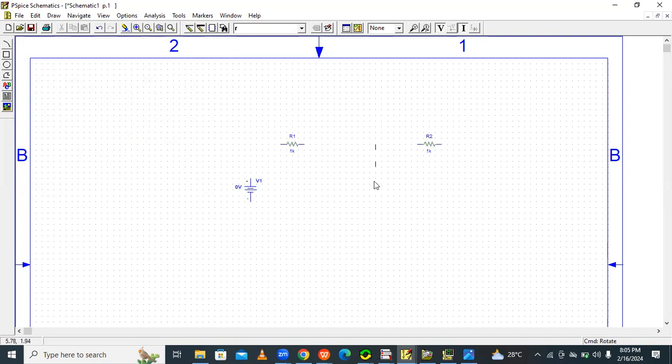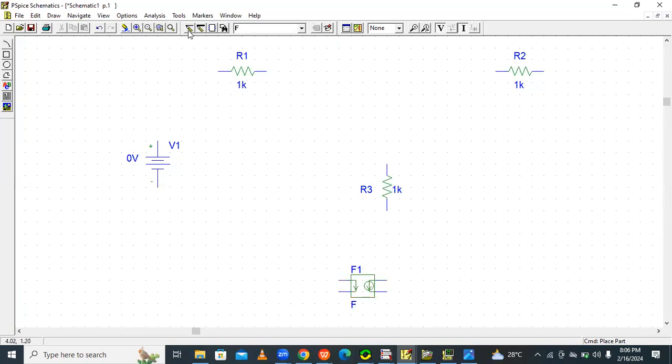Then place the resistor, and next the current dependent current source. F is the current dependent current source. Place it here, select it, and connect the terminals with wire like this, as per the circuit diagram.